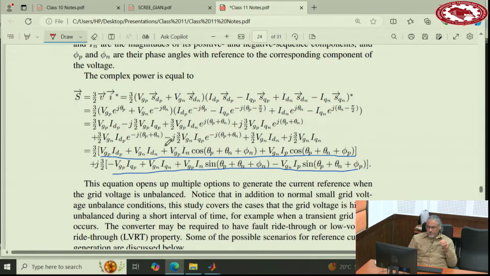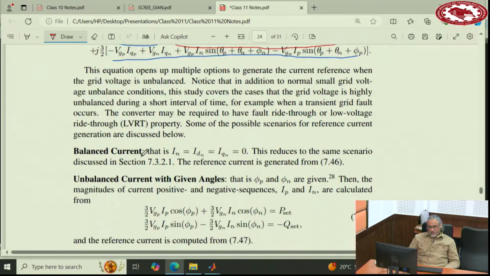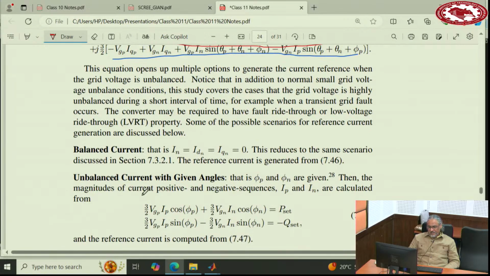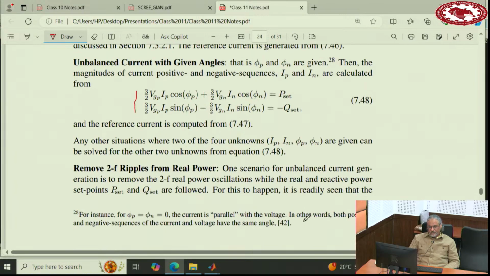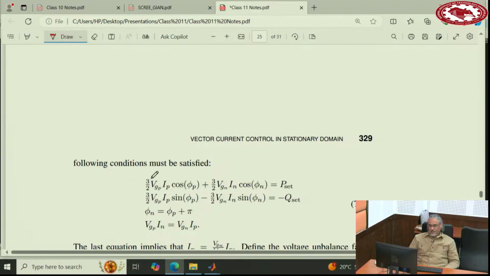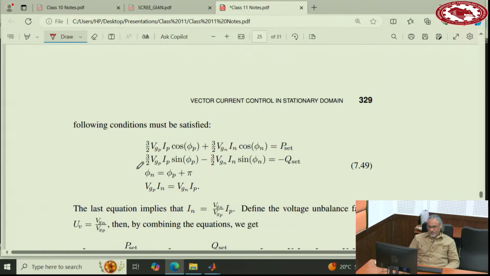this pulsation 0 if you want, or this one 0, one degree. You only have one degree of freedom on top of these two set points. I have discussed that in some detail here. So this equal to P set, this equal to Q set. And then if you want to put that ripple to 0, for instance, it will end up in these conditions.